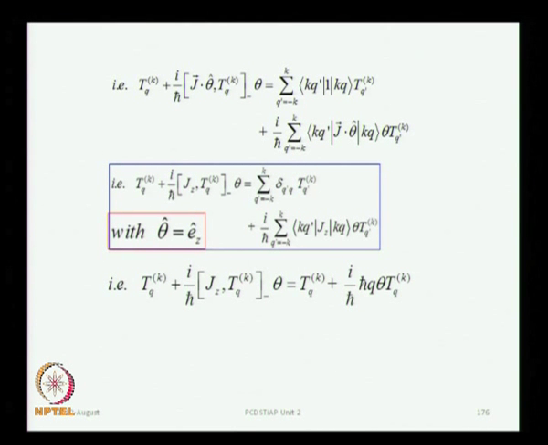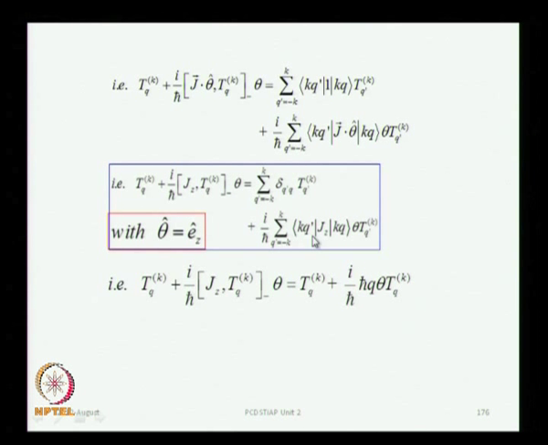So, this is the matrix element of Jz, and Jz operating on kq will give you q times h cross times the same vector, right, and that q times h cross comes out as a multiplying factor.